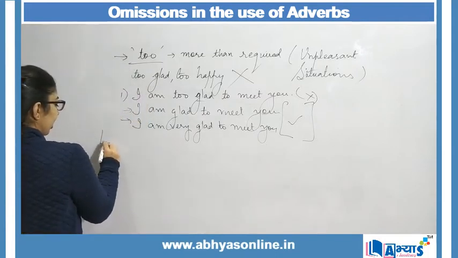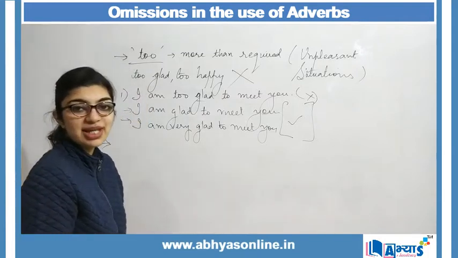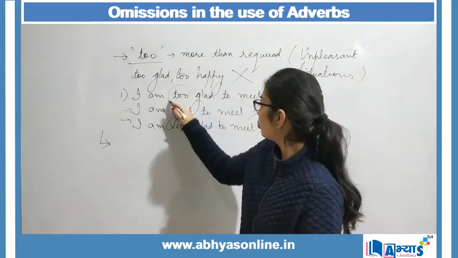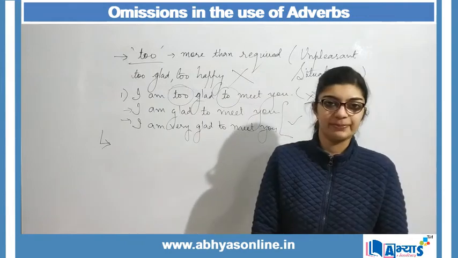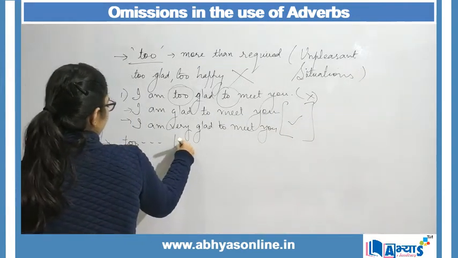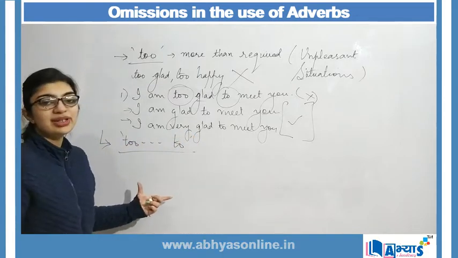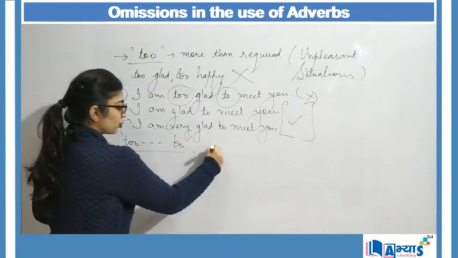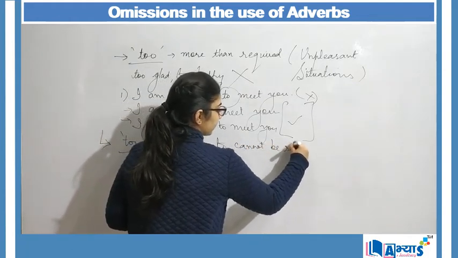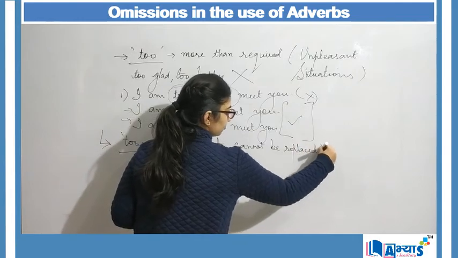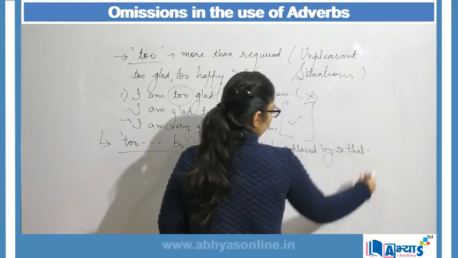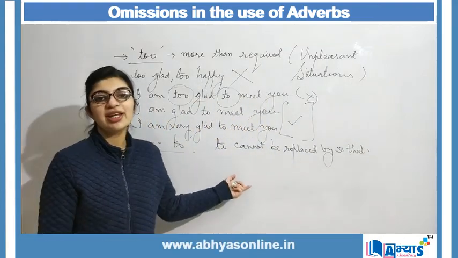Now another area where people often make mistakes is with too and to. There are sentences which contain too and to. In this case, this too cannot be replaced by so that.